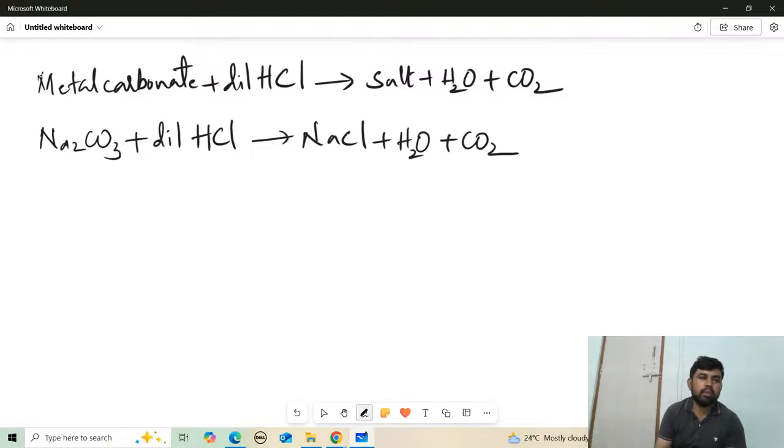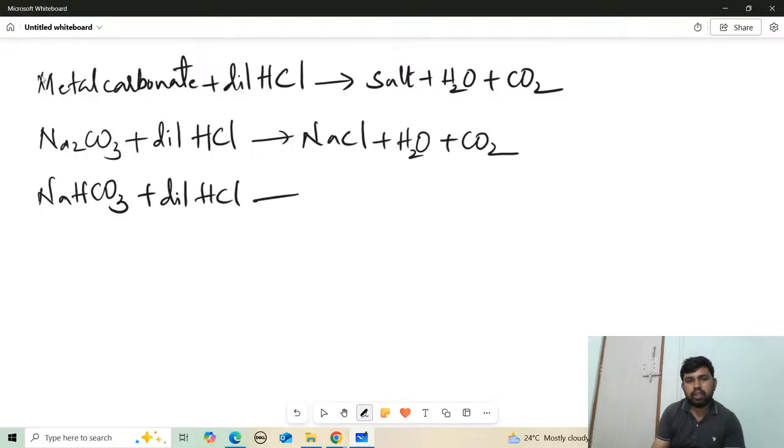Similarly, if I take a metal hydrogen carbonate, sodium hydrogen carbonate, and react it with HCl, we again get the same salt, NaCl plus H2O plus CO2.